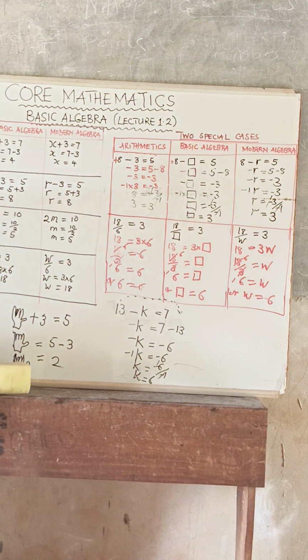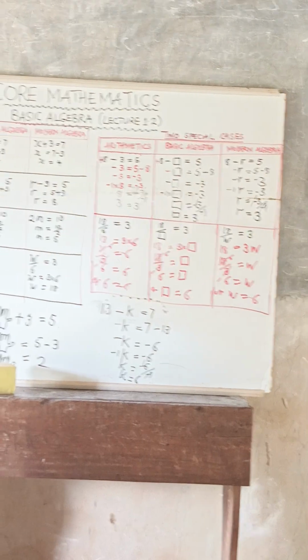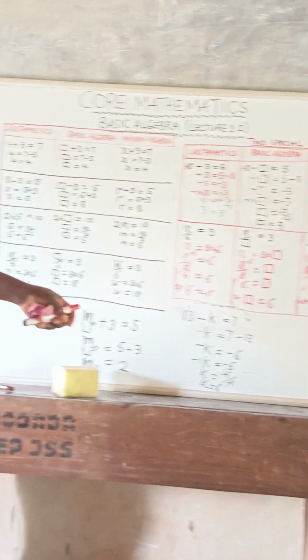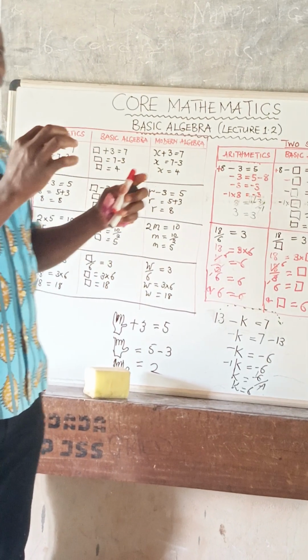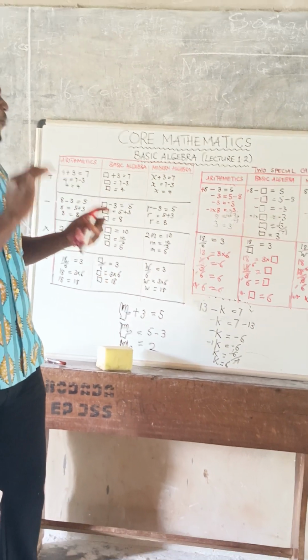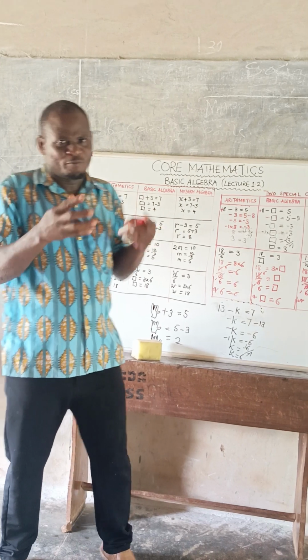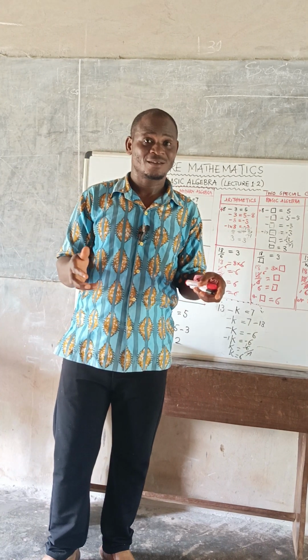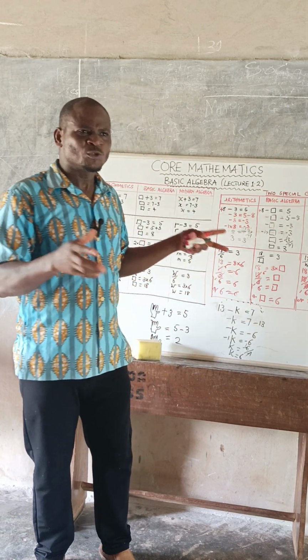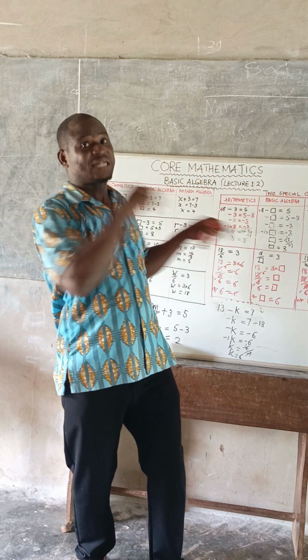So we have added flesh to the bones. We started very basically with the very fundamental, and now we've increased a bit. We've added a much more mature level of mathematical manipulation. If you keep this together, you will realize that we just build upon what we started with.